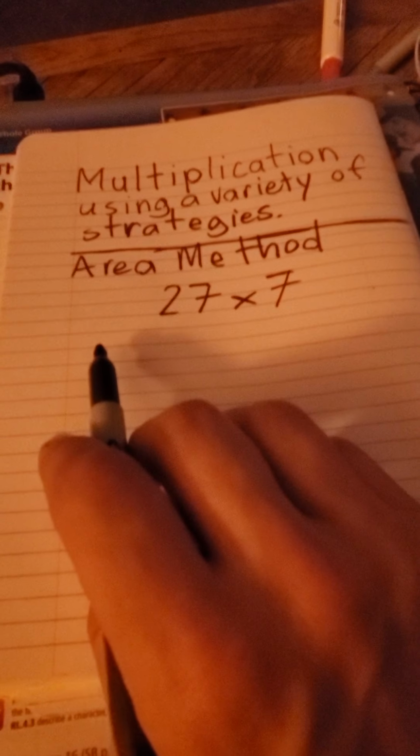Even though a number like 27 obviously breaks down to 20 plus 7, it can also break down to 10 plus 10 plus 4 plus 3 plus 3.